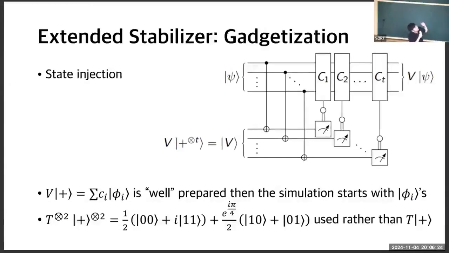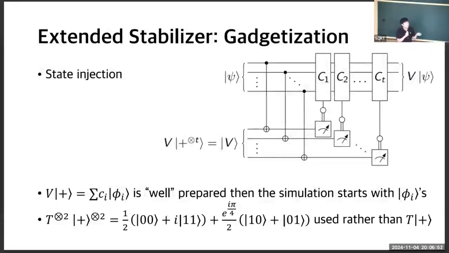This uses state injection, which takes psi as an input, and if we have the magic state, which is just a non-Clifford gate applied to plus qubits, then we can use that as a CNOT and measure it, and then post-processing it makes the V applied to the states.